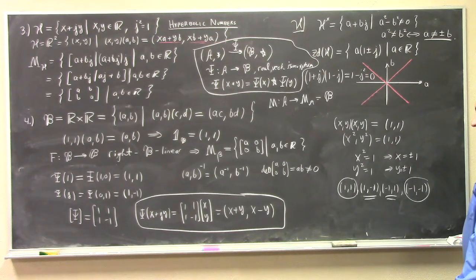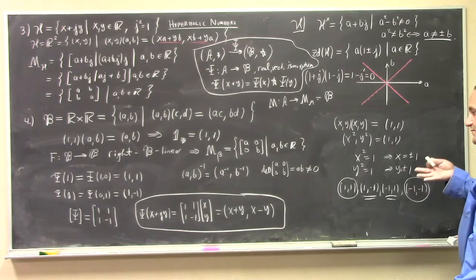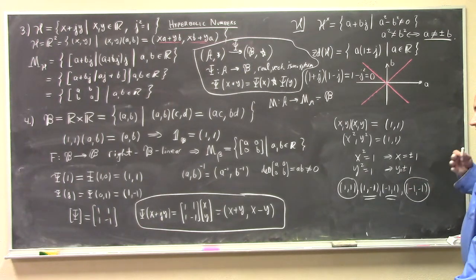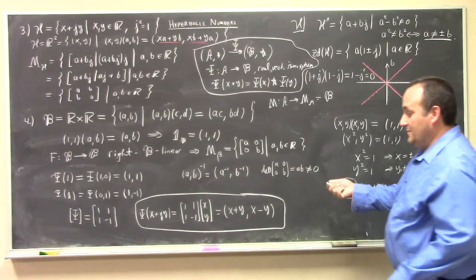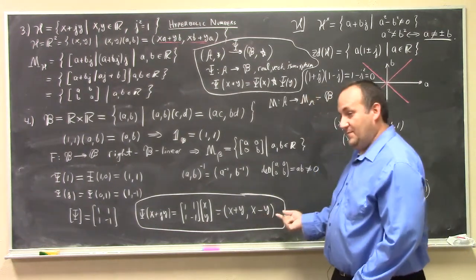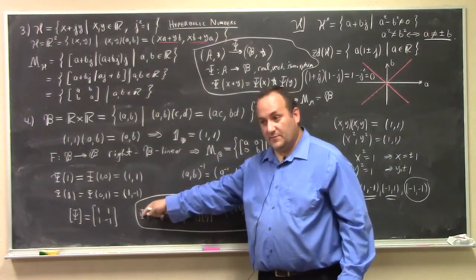There comes a place in time where I use this, because as we develop theorems and results, if we learn something about the direct product algebra, and we learn that a property is transferred by isomorphism, I can steal results from the direct product algebra and pipe them back over to the hyperbolic numbers, or vice versa.